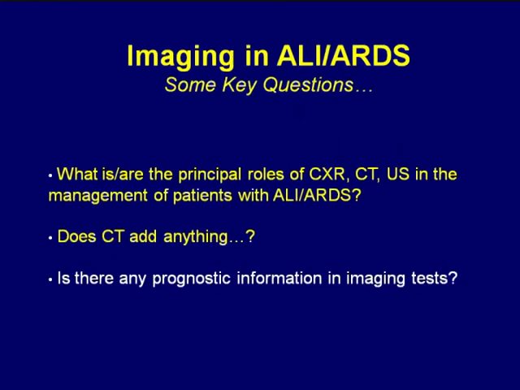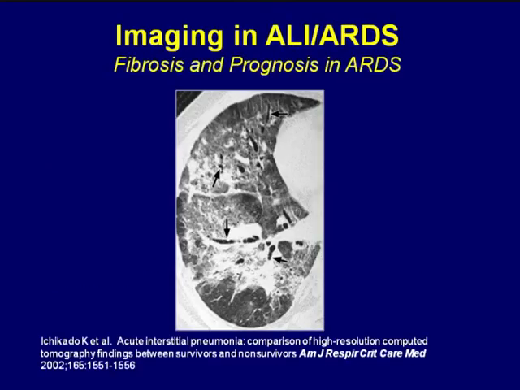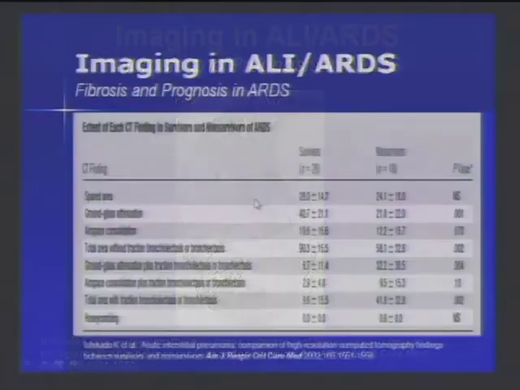I said I would just consider very briefly some of the prognostic information that we might be able to give from CT images. So is there anything we can tell the clinicians about their patients from our imaging tests? Well, again, if we use this model of acute lung injury and we quantify the various patterns that we see, so the ground glass opacification, the areas of consolidation, and also these areas of dilatation of the airways, which we believe to be a marker of the fibrosis, then there certainly is some prognostic data in there.